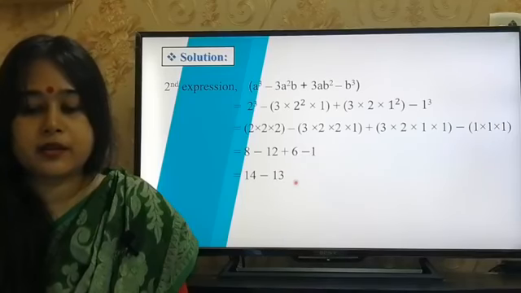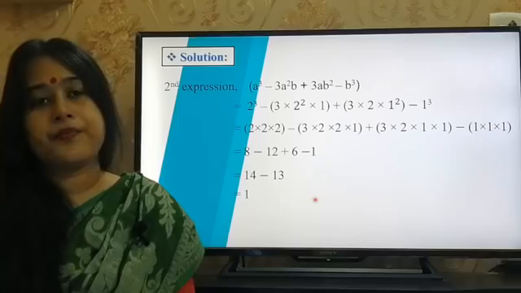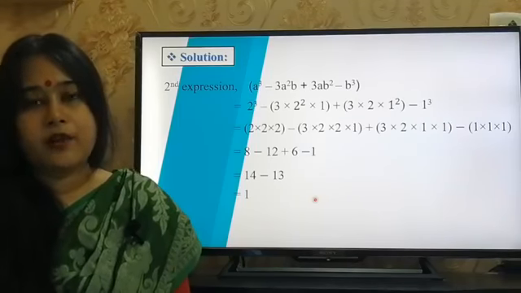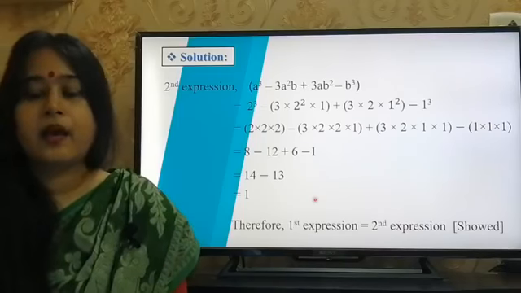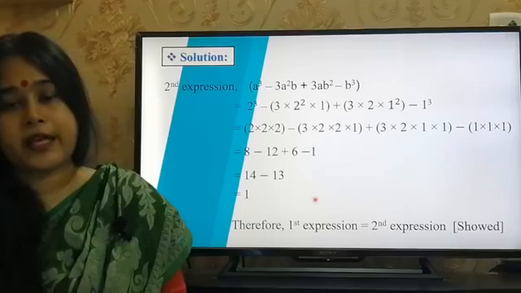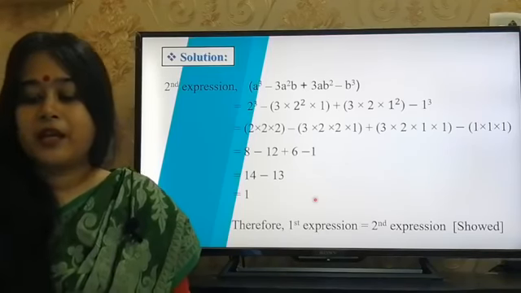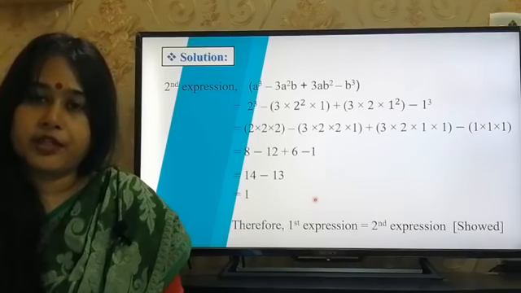So 14 minus 13 we get 1, and we have seen the value of the first expression is also 1 and the value of the second expression is also 1. So we can say the first expression equals the second expression, proved. Okay, so this was the solution of our creative question 2.